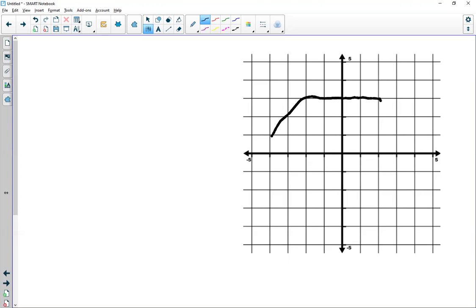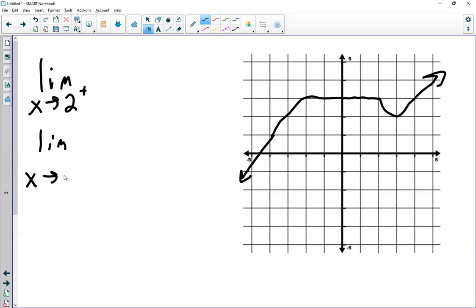It's like a packet you did yesterday. Kind of, yeah. So let's find the limit as x approaches 2 from the positive side, the limit as x approaches 2 from the negative side, the limit as x approaches 2 overall, and f of 2.